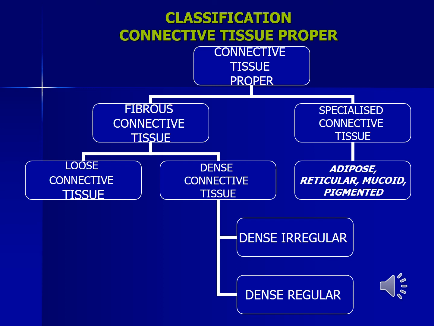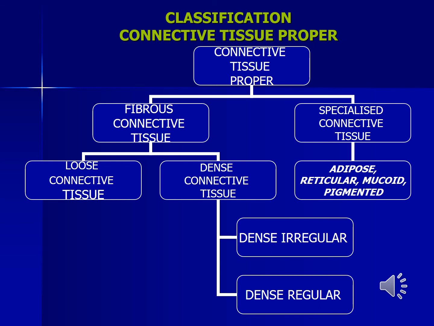Fibrous connective tissue has two subtypes. Loose connective tissue includes fewer fibers and more ground substance in the extracellular substance. Dense connective tissue includes more fibers and less ground substance.